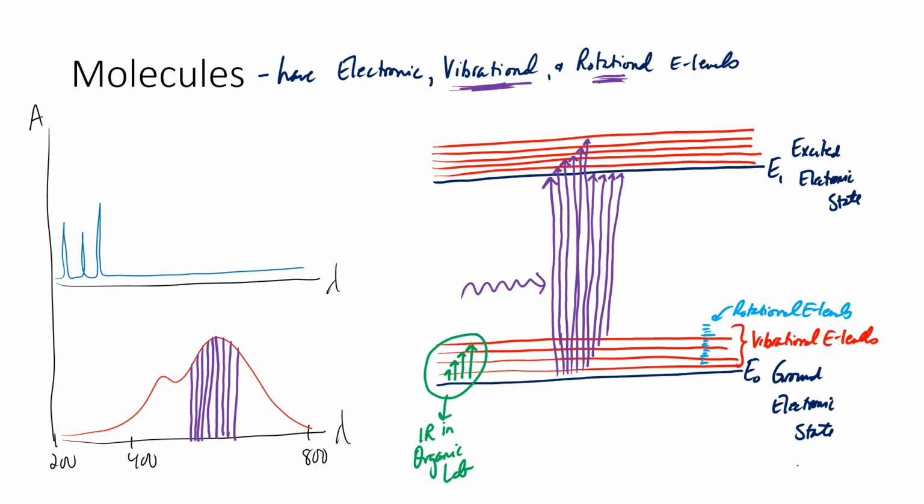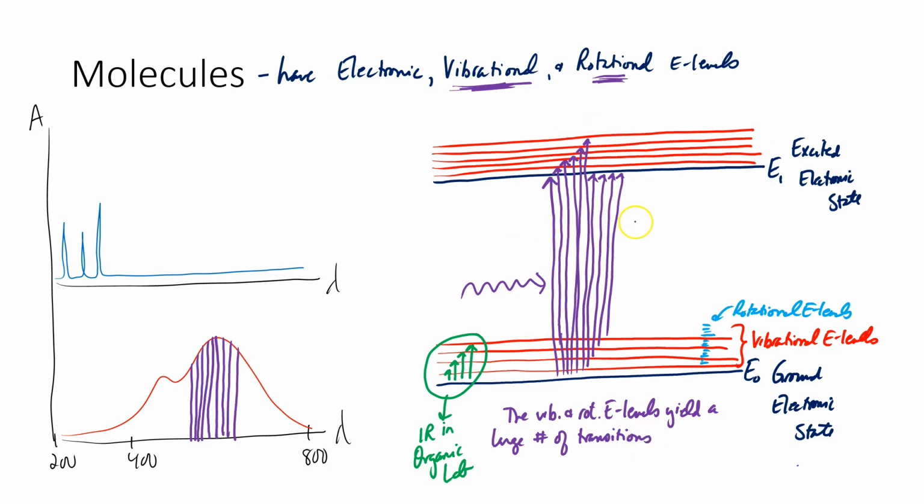So let me try to write that down. The vibrational and rotational energy levels yield a large number of transitions, right?